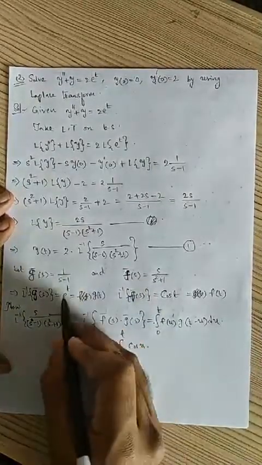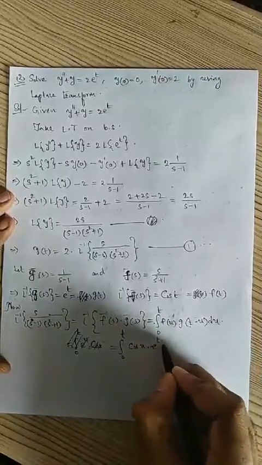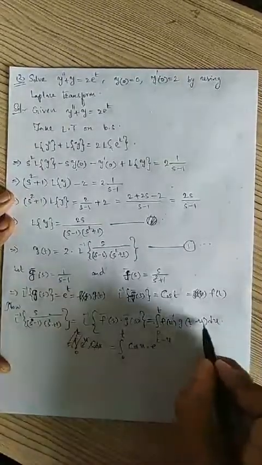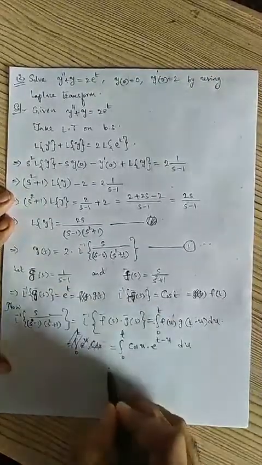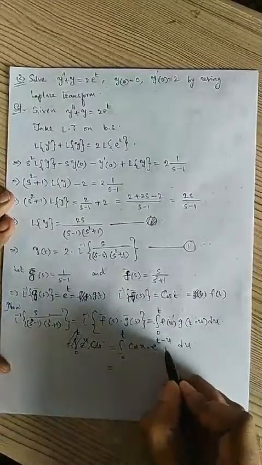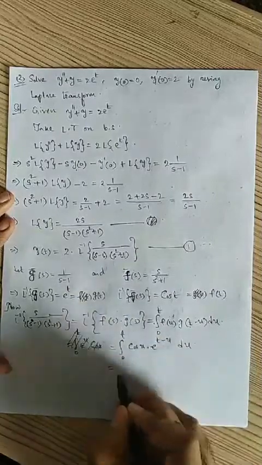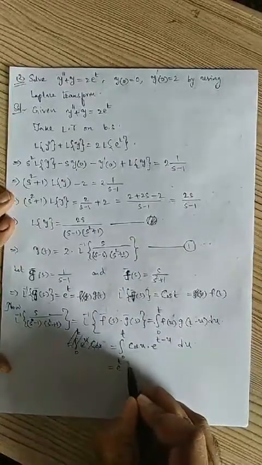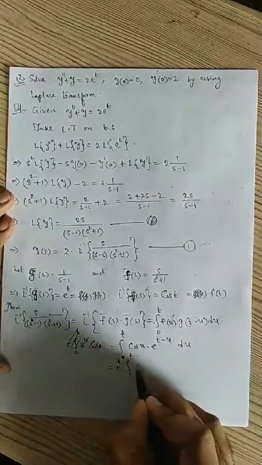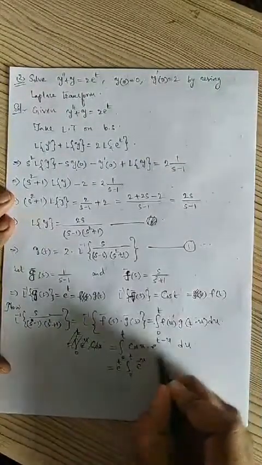In place of t I have to put t minus u, so e power t minus u du. Now e power t does not depend on u, so I can write this e power t outside. E power t into integral 0 to t, the remaining e power minus u and cos u.